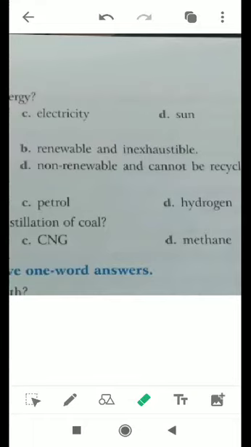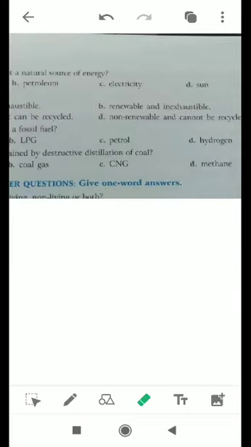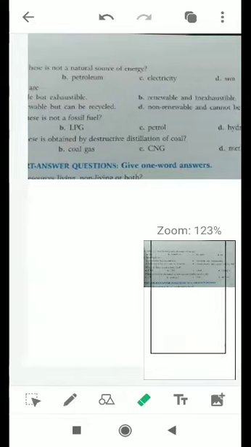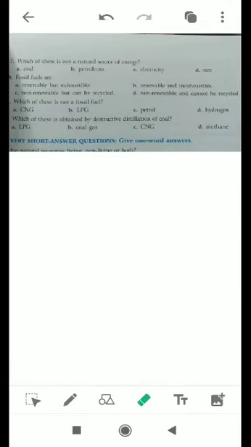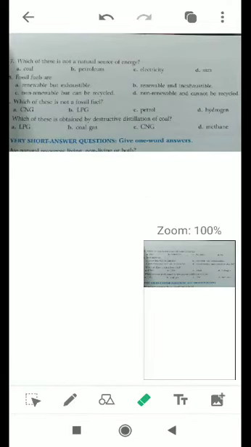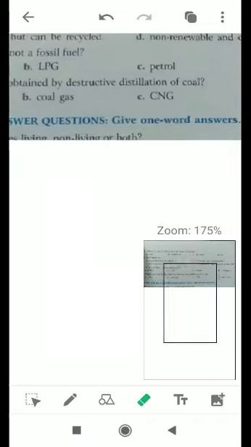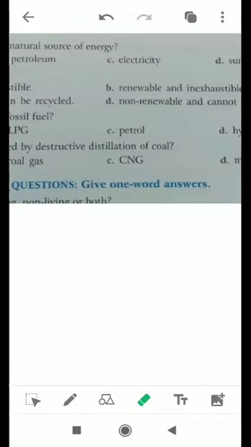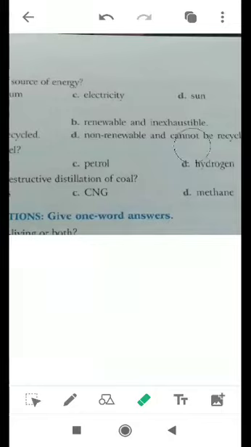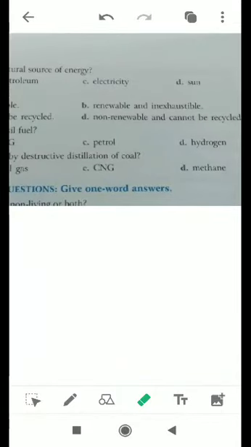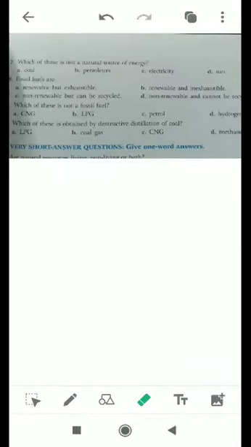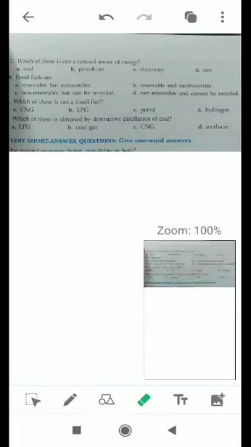Actually, fossil fuel is non-renewable and exhaustible. Okay? It is non-renewable and exhaustible. Non-renewable and cannot be recycled. You can mark the D option as correct. Now let us see the next question.